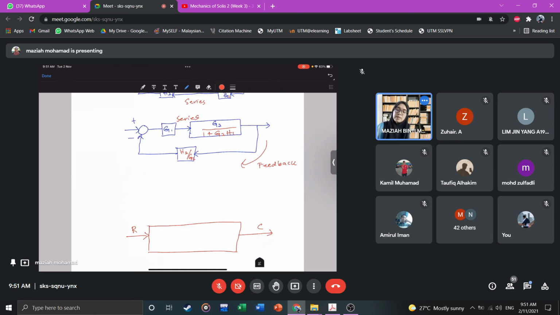Right? So if you combine that, G is equal to G1 G2 over 1 plus G2 H1, and H is equal to H2 over G2. So putting into our equation, which is G over 1 plus GH, remember the plus sign because the sign at the summation point is minus.